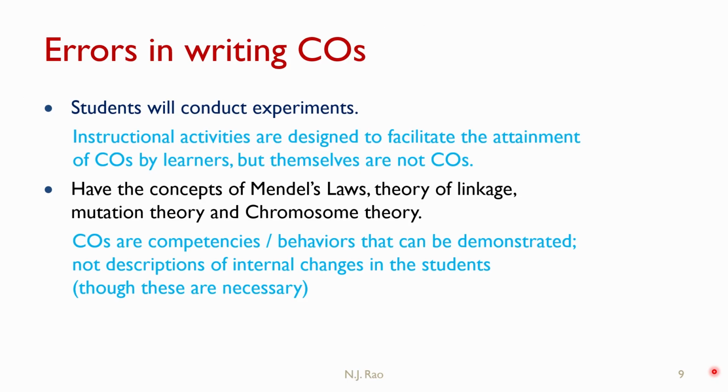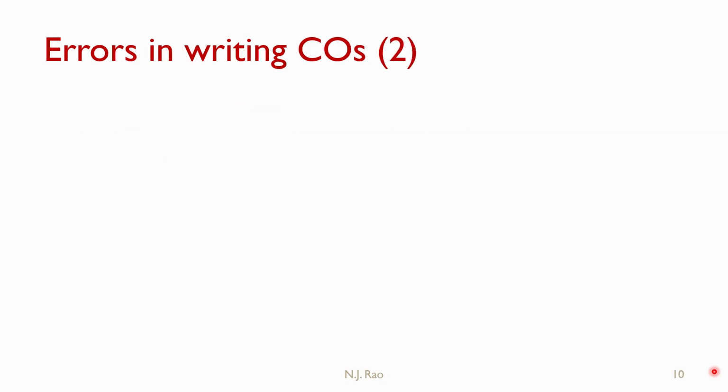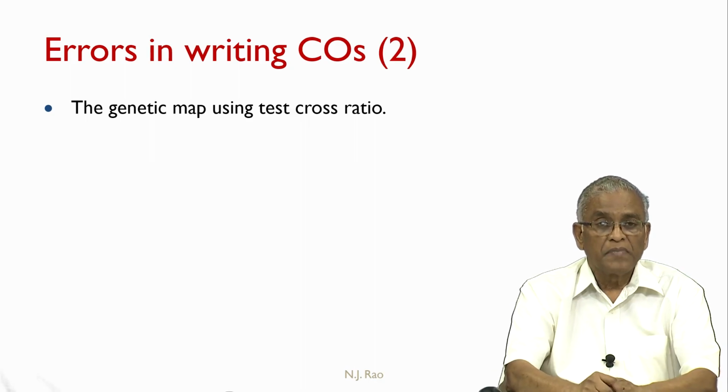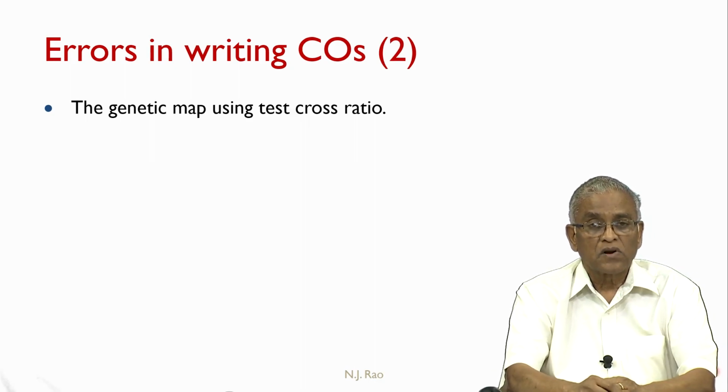For example, the fact that they understand the concepts of these laws should be demonstrable. So the statement should be modified to something that is demonstrable or measurable. Next one is: the genetic map using the test cross ratio.